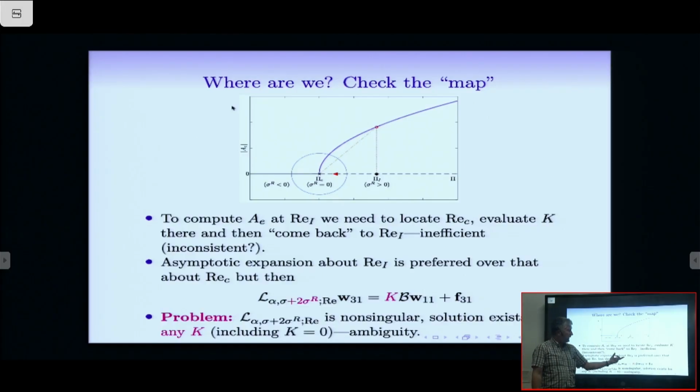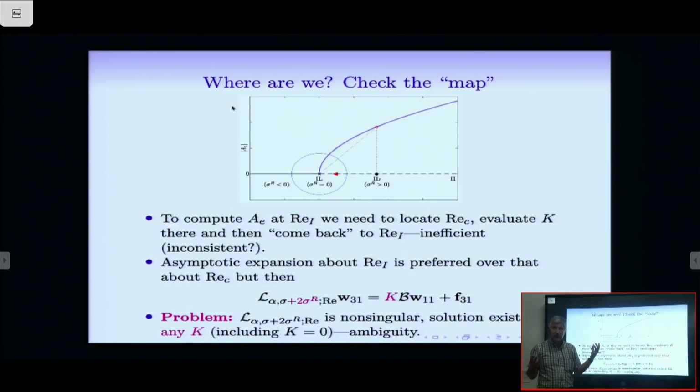So essentially we have n equations for W31, and we have n unknown variables in W31, but we add another variable k. So now we have n equations sitting here and n plus 1 unknowns.